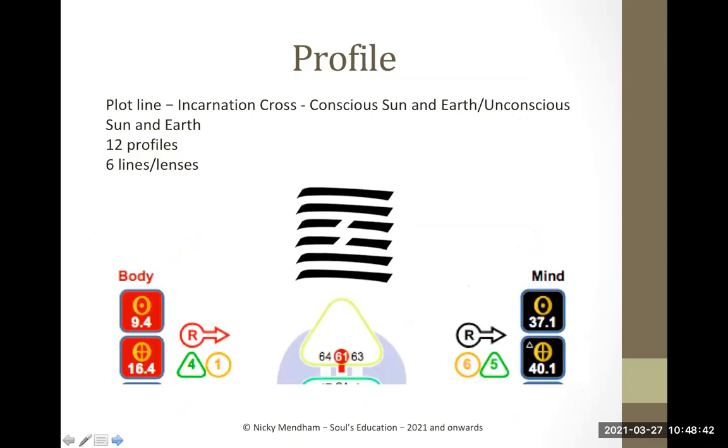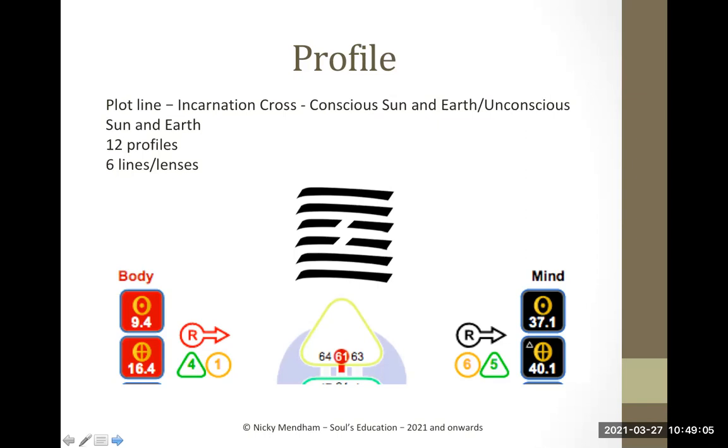When you look at your body graph, you will see down either side of the body graph, flanking the body graph, you've got planetary positions on the left-hand side that relate to the body, which are highlighted in red. And you've got the mind planetary alignments on the right-hand side, which are in black.